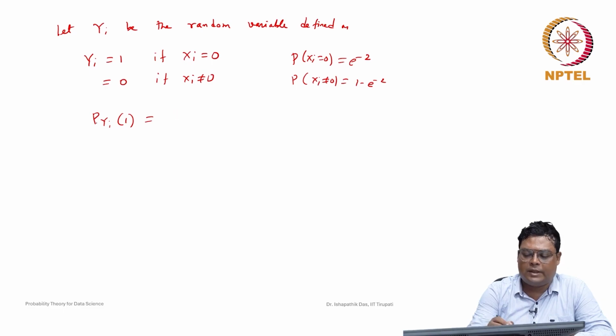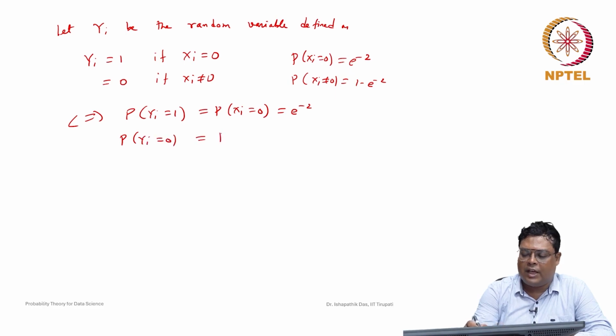Because this is true, the probability of yi equal to 1 is the same as xi equal to 0, e to the power of minus 2, and the probability of yi equal to 0 is the same as xi not equal to 0, which is 1 minus e to the power of minus 2.